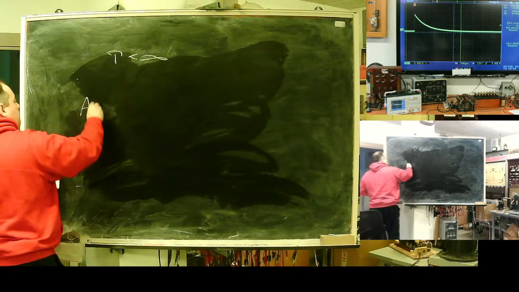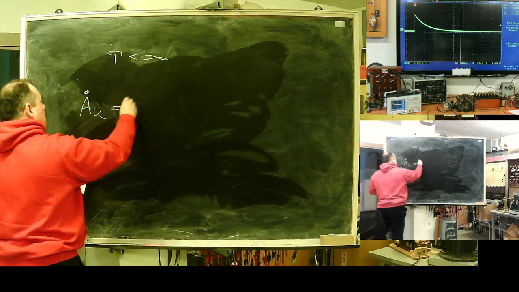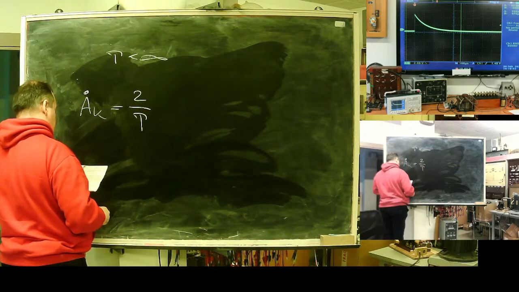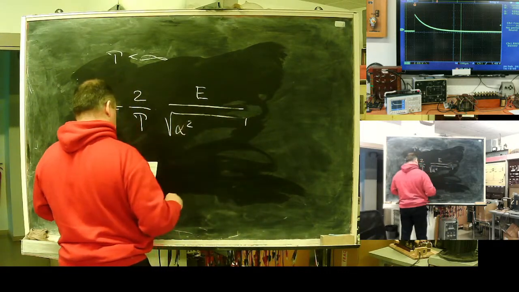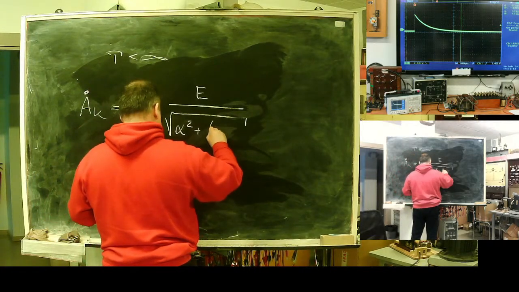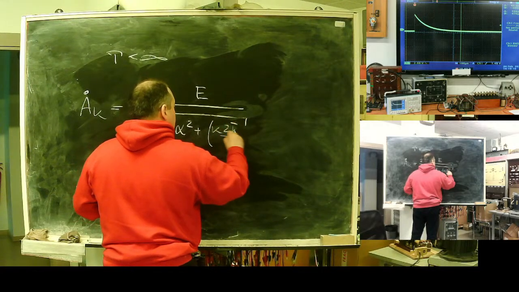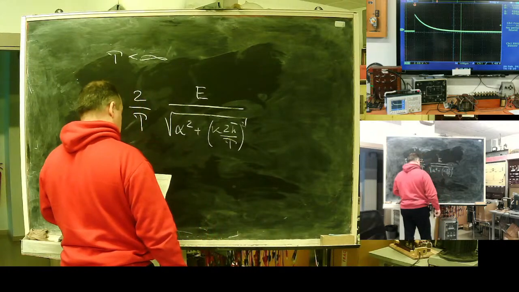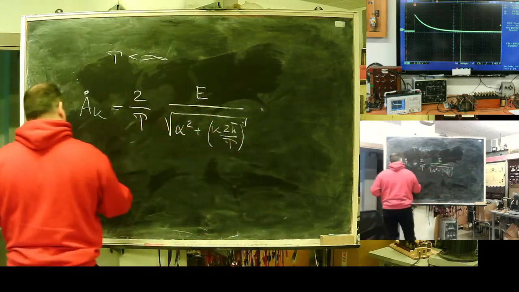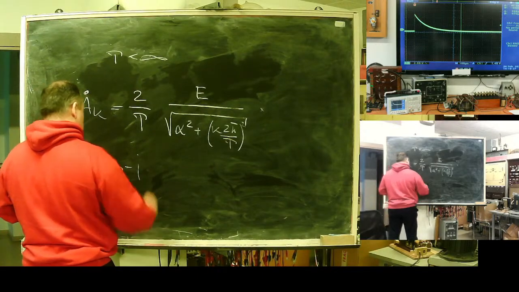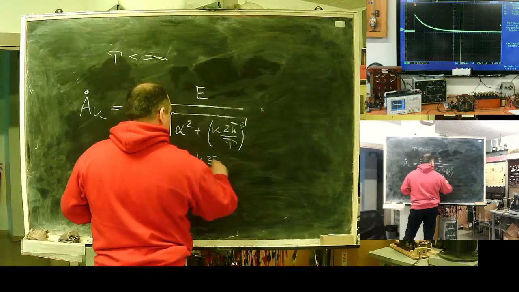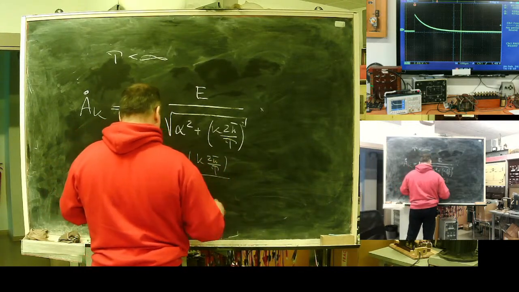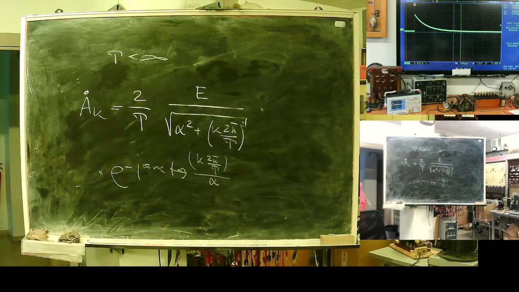This will mean I will deal with the Fourier row being 2 divided by period multiplied by e, divided by square root of alpha square plus double p divided by period again square, multiplied by e power minus j arctangent of double p divided by period divided by alpha. Here. Nice formula, isn't it?